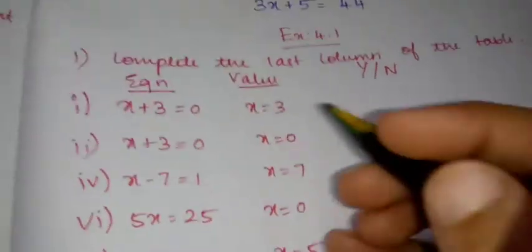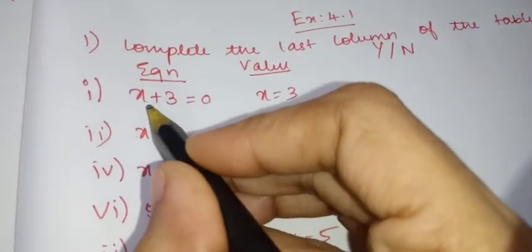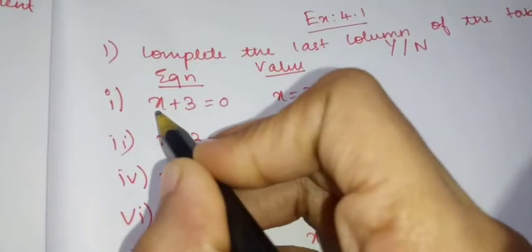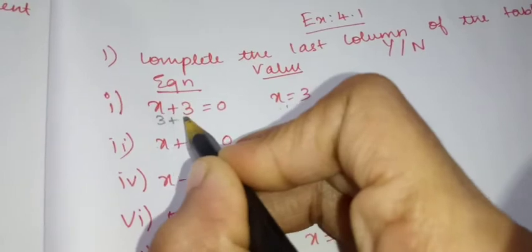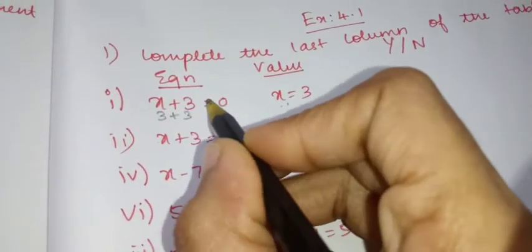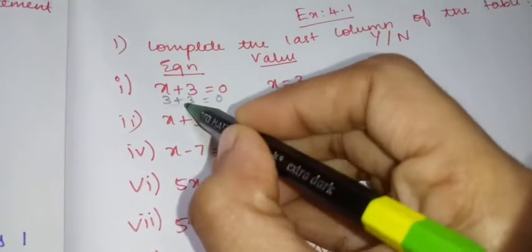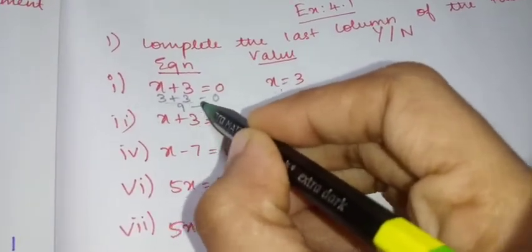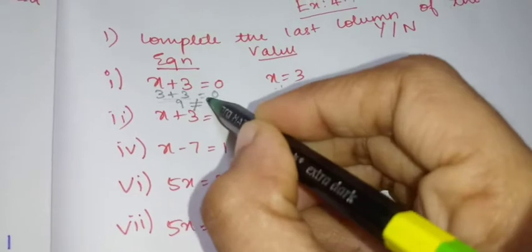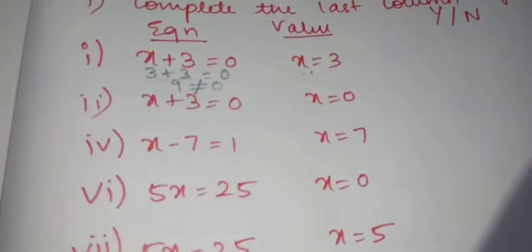Okay, see, first I'll write here. X value is what? 3. 3 plus 3, this equal to 0. 3 plus 3 is what? 6. Whether 6 is equal to 0? No, 6 is not equal to 0.